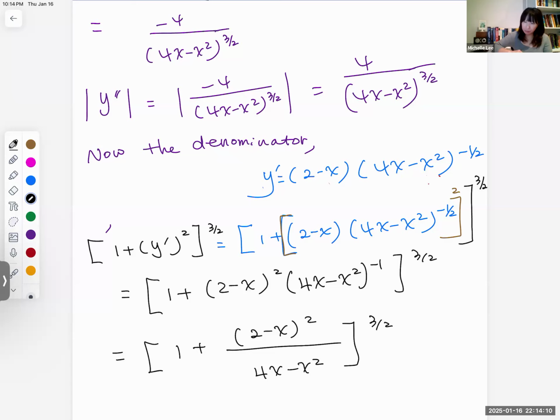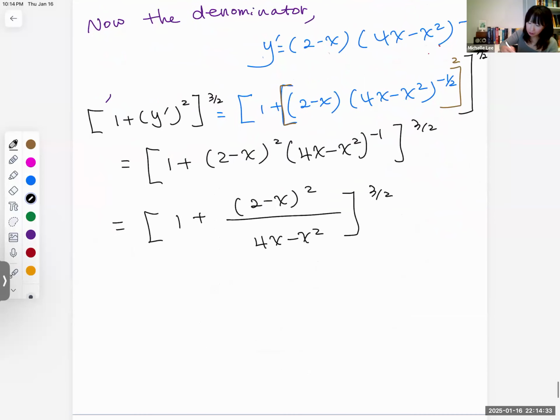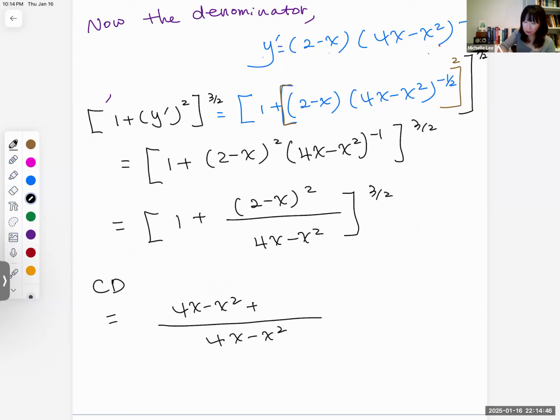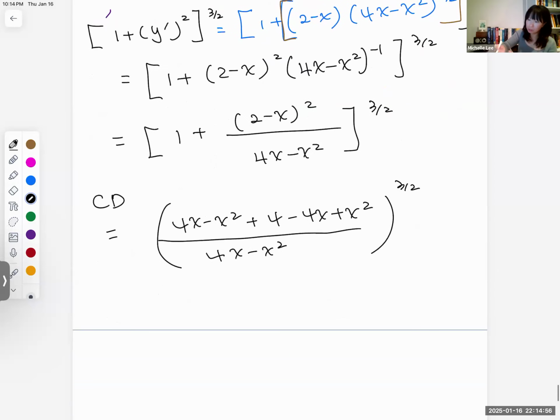Okay, now let's make a common denominator. So there will be 4x minus x squared plus, expanding, 2 squared is 4, minus 2 times 4x, plus x squared, to the 3/2.